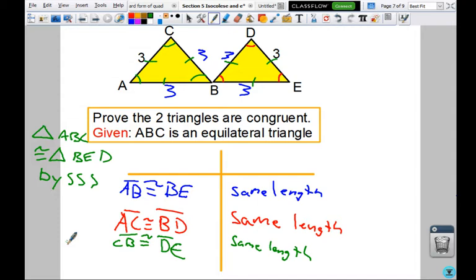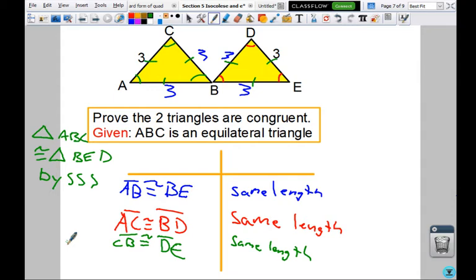Or I could have gone angle, angle, side. Or I could have gone angle, side, angle. I could actually use any of our 4 methods on equilateral triangles. We just have to make sure we list the right things. So I listed 3 sides, which means my method is side, side, side. If I did angle, side, angle, that would be my method, ASA. So equilateral triangles are kind of special. You can do whatever you want.